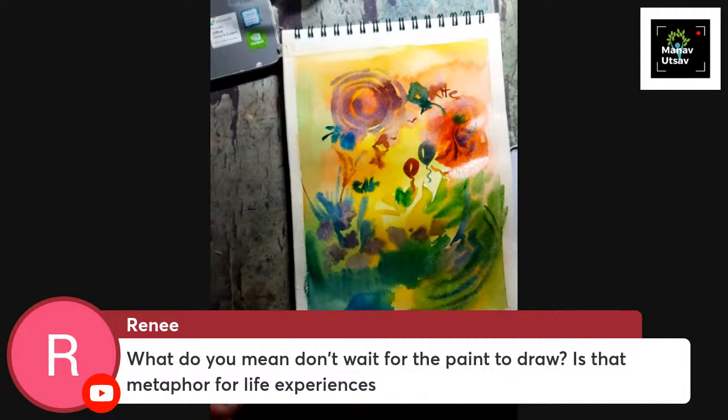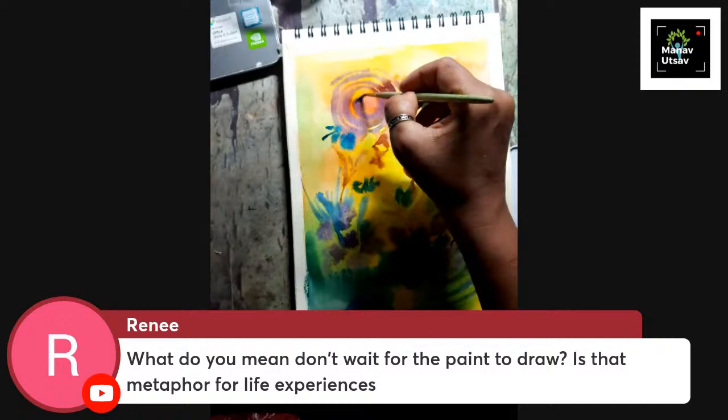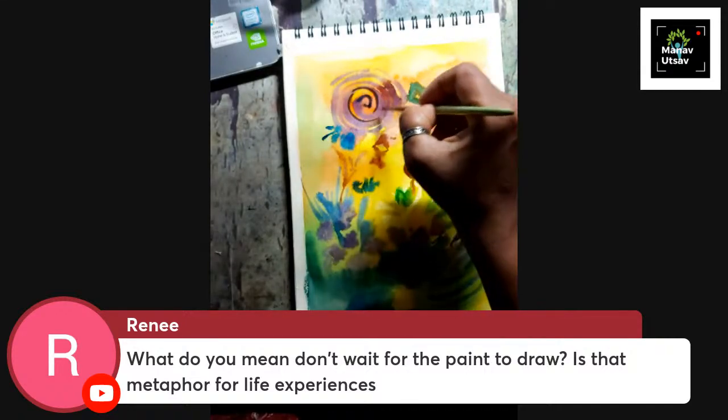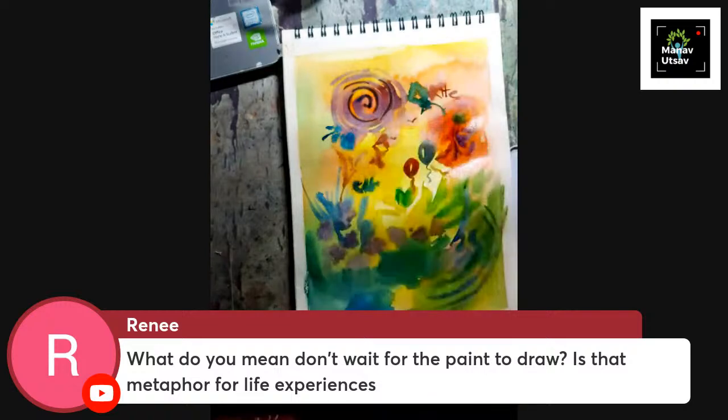Now, if I would have waited for it to dry, one thing is I'm losing my time, and what if I do not wait and just do this right away, leave it for the moment, maybe life will present us with new opportunities, just like this painting, isn't it?